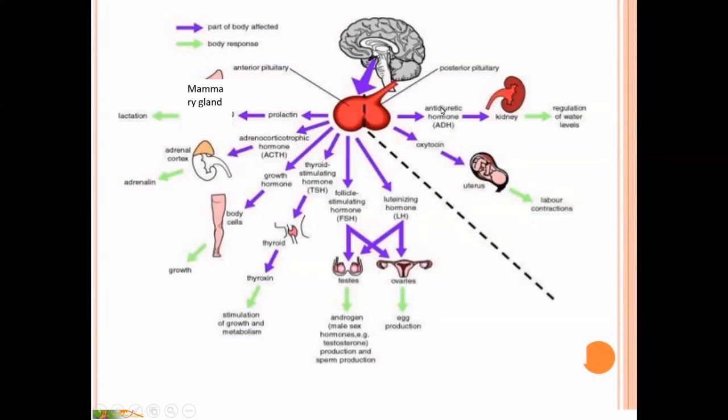There are 2 other hormones produced by the posterior pituitary gland, that is ADH and oxytocin. ADH functions on the kidney, and it assists in the regulation of water levels. And oxytocin functions in the uterus and also in the mammary gland for the release of milk, and in the uterus to assist in the contraction of the uterus to release the fetus.